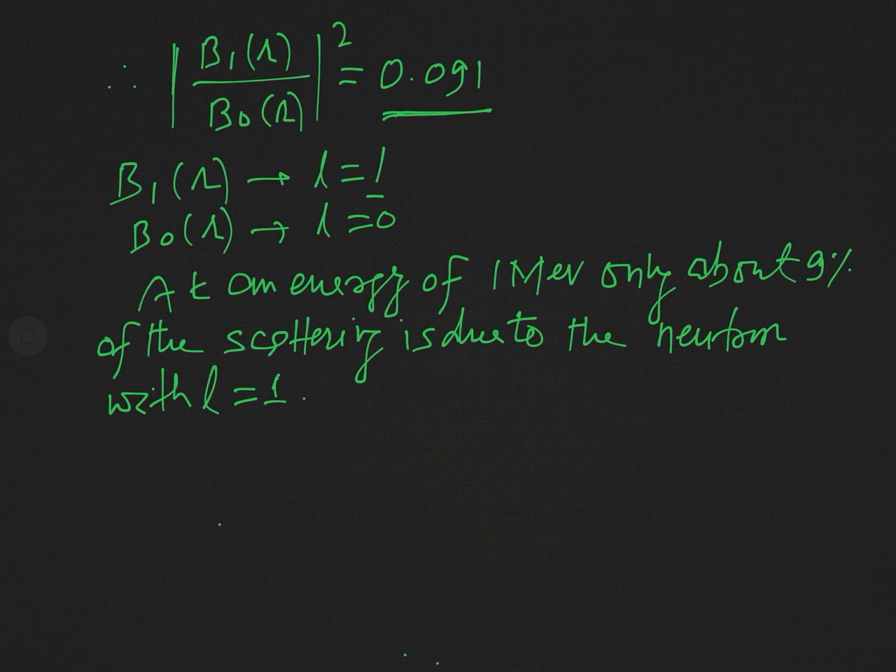And in other words, you can say almost 91% of scattering for an energy of 1 mega electron volt will be due to the neutron with L equal to 0. So this result also implies that 91% of scattering is due to neutron with L equal to 0.